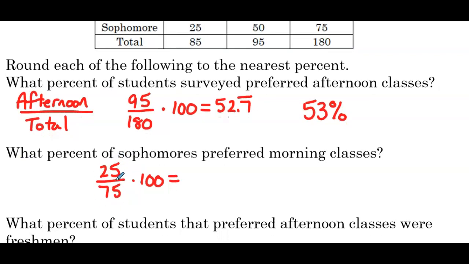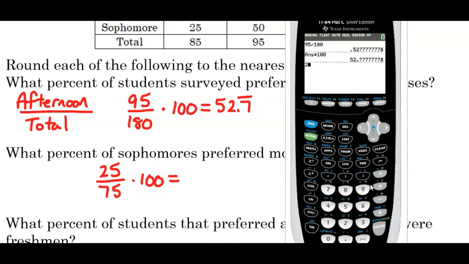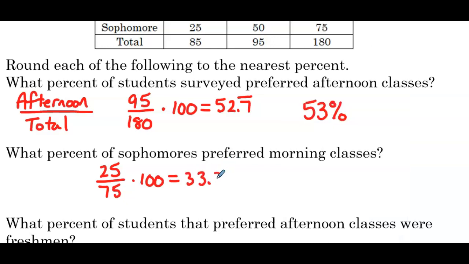This would be 1/3, which is 0.3 repeating, and then times 100. But just to show you what that would look like, 25 divided by 75 in the calculator, multiply by 100, and we have 33.3 repeating. Rounded to the nearest percent, so that means 33% of sophomores preferred morning classes.